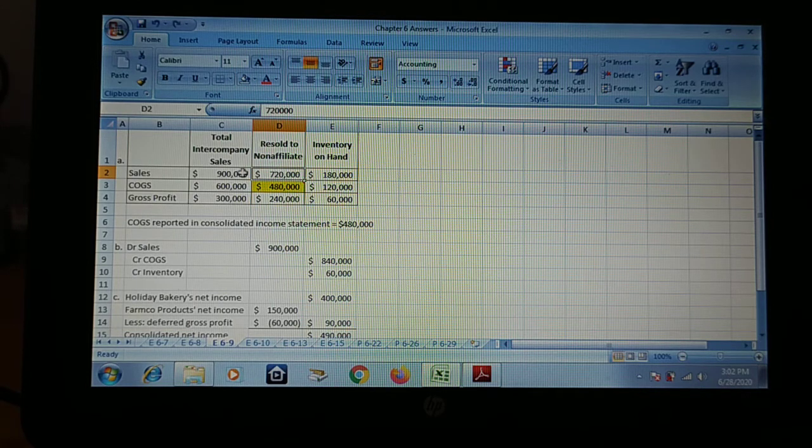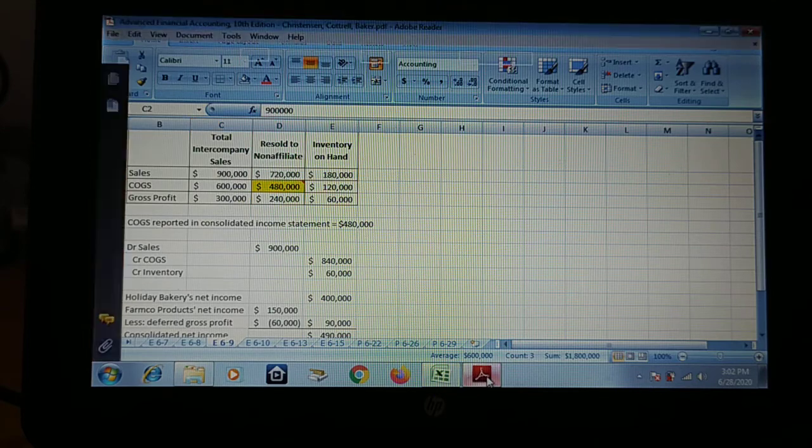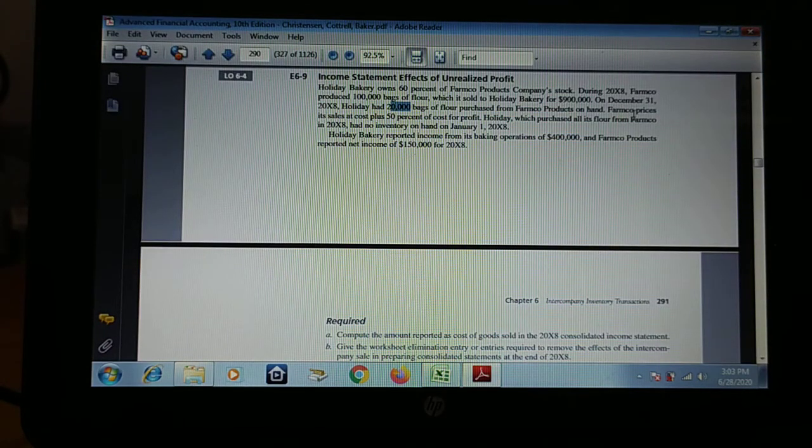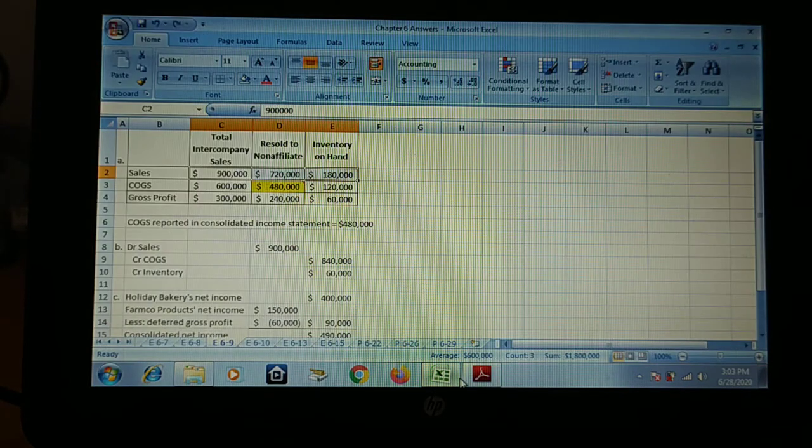So we have filled all the cells in the sales row already. Farmco prices its sales at cost plus 50% of cost for profit, which means the gross profit is 50% of the COGS.